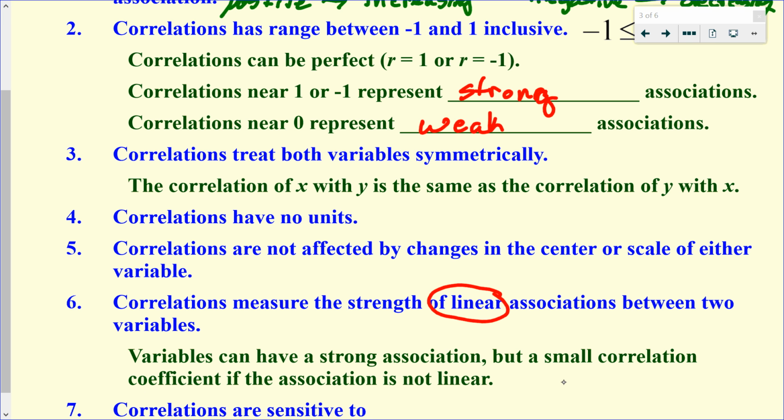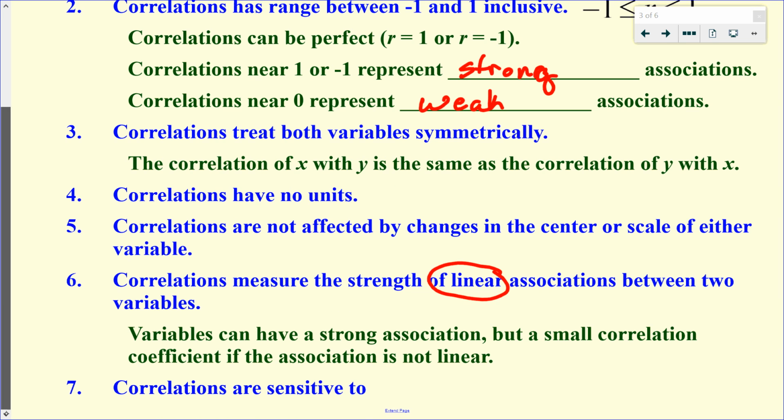If we had an exponential graph, it could look very exponential, very strong, clear picture. Correlation would be very weak because the correlation coefficient would be very small, because it's not linear.